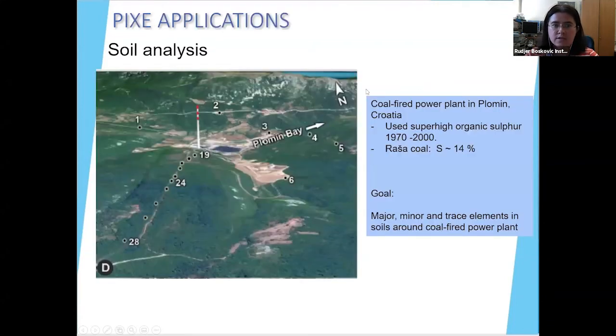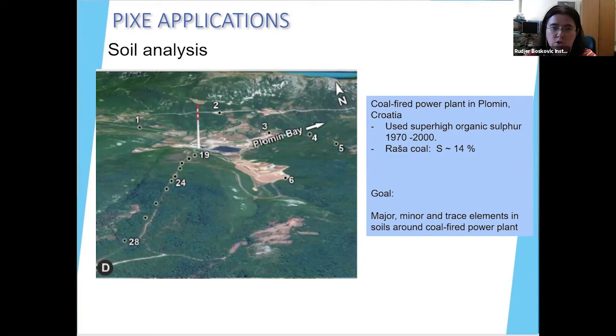So regarding the soil analysis, we had a very good example where here in Croatia, in Plomin, there is a coal-fired power plant, which in the period between the 1970s and 2000 used coal with very high organic sulfur. The concentration of sulfur in this Russian coal was around 14%, with a very high percentage of organic sulfur.